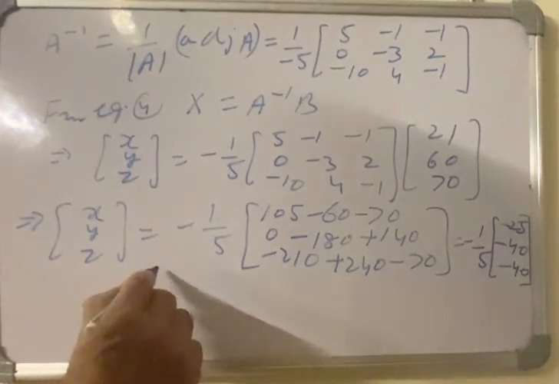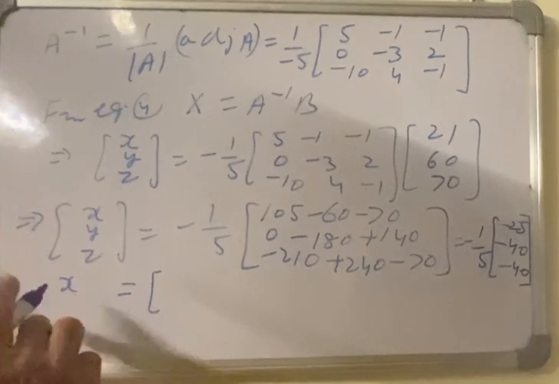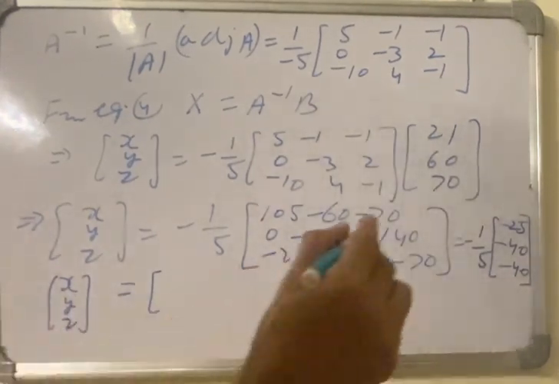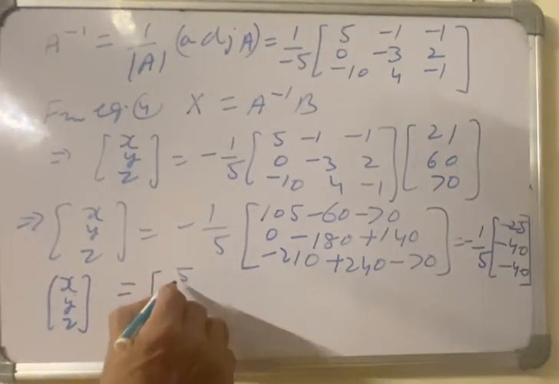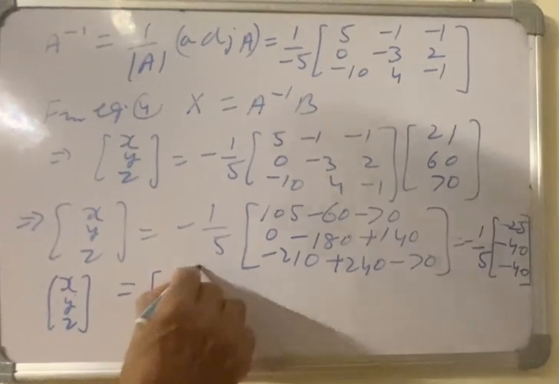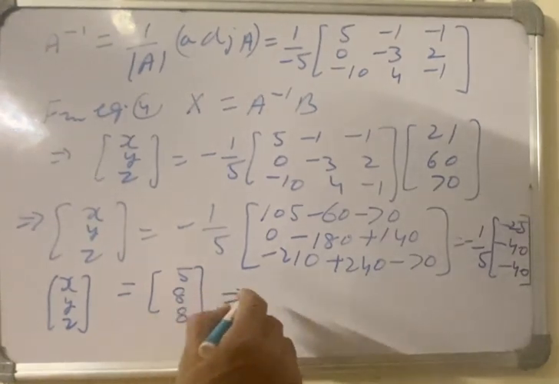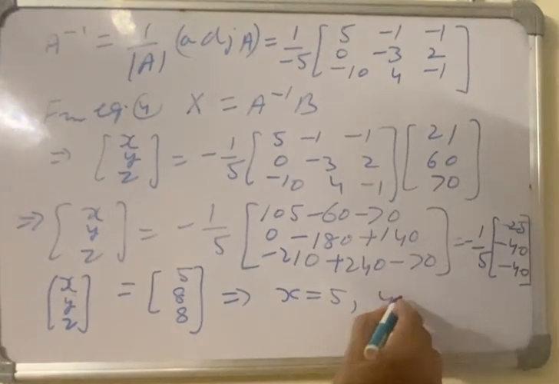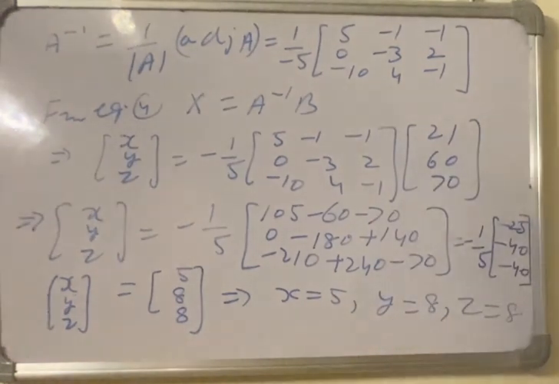So this will give you the column variable matrix x, y, z is equal to 5, 8, 8. This means x is equal to 5, y is equal to 8, z is equal to 8.